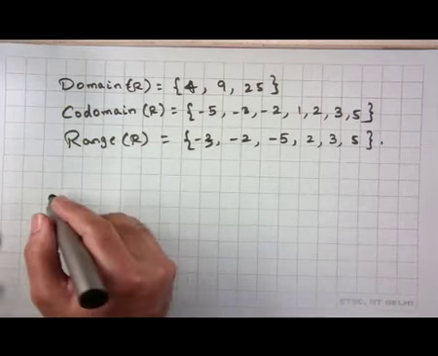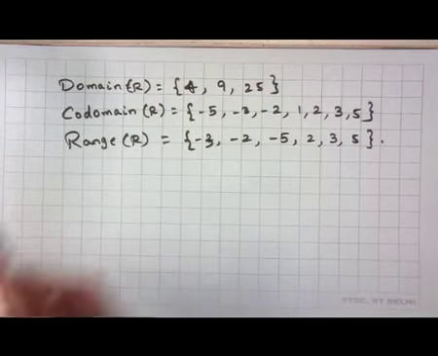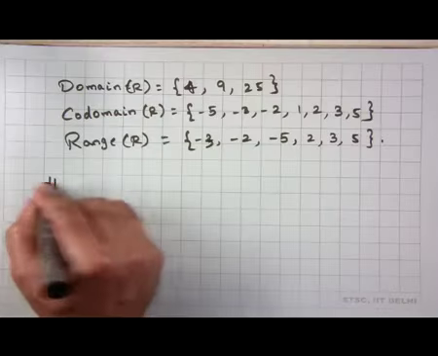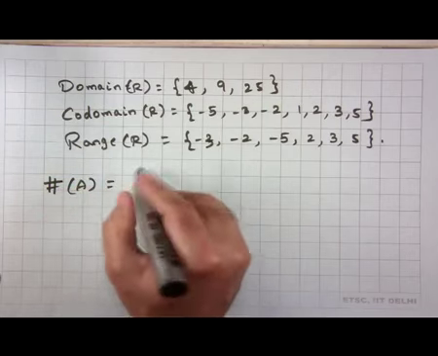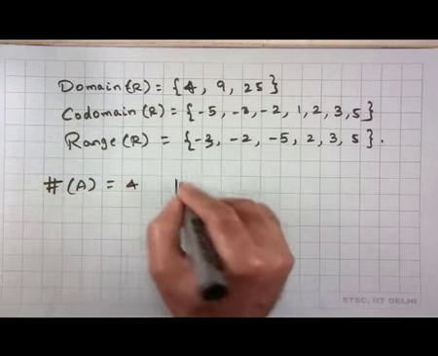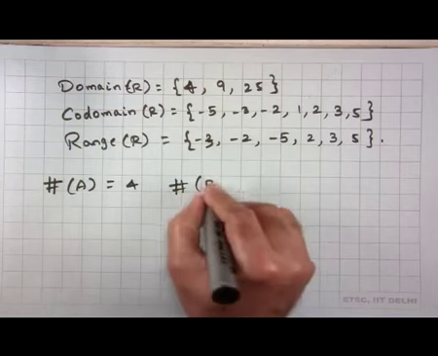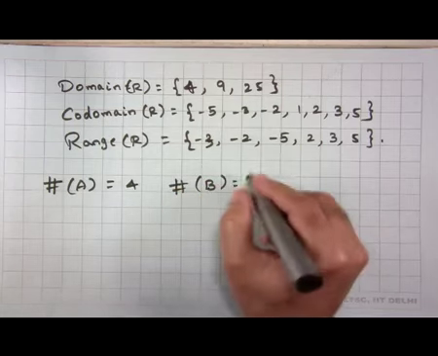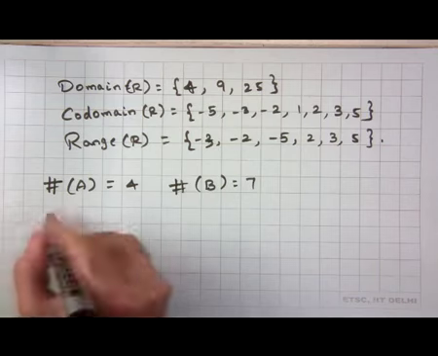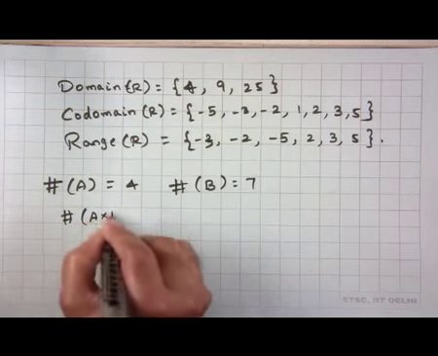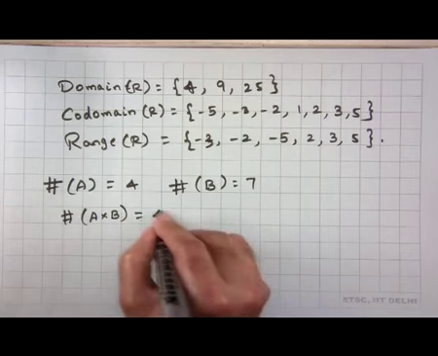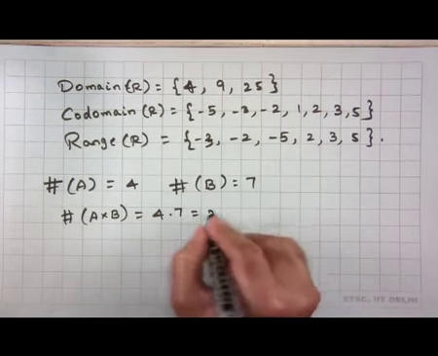Now, let us look at the same example. If you look at this example, the number of elements of A is exactly 4 and the number of elements of B in this case is 7. Therefore, the number of elements in the Cartesian product is going to be 4 into 7 which is 28.